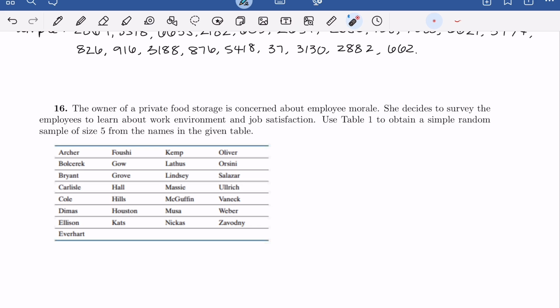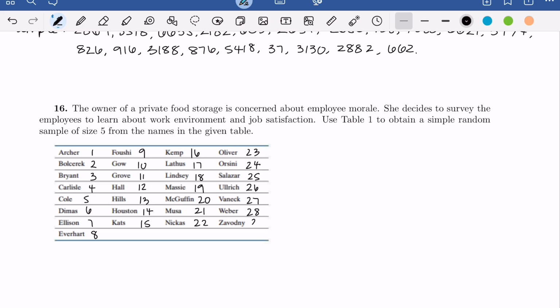So the first thing that we're going to want to do is number these guys here. So just like we saw in the last example, all of the students for that community college were numbered. So we're doing the same thing here. All right.